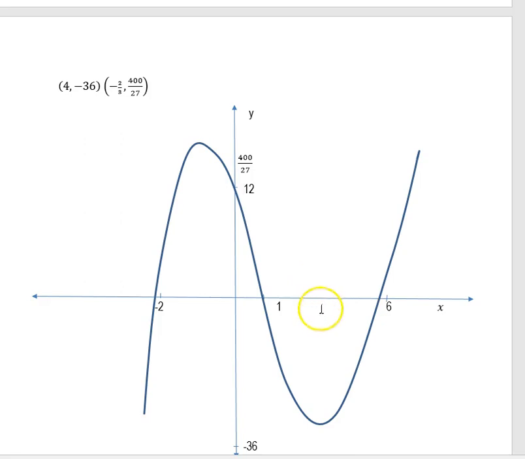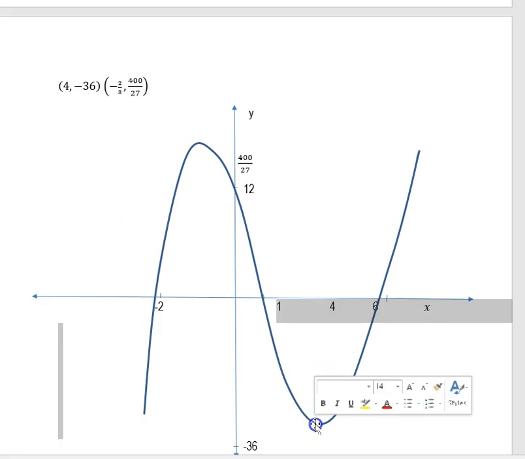So I will assume somewhere there is 4. Let's just try and put it correctly. Somewhere there is your 4. So your 4 there, when you find it with the intercept, it's intercepting with 4 and minus 36.